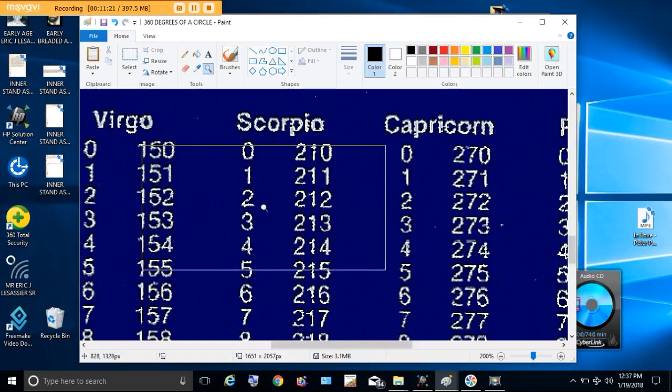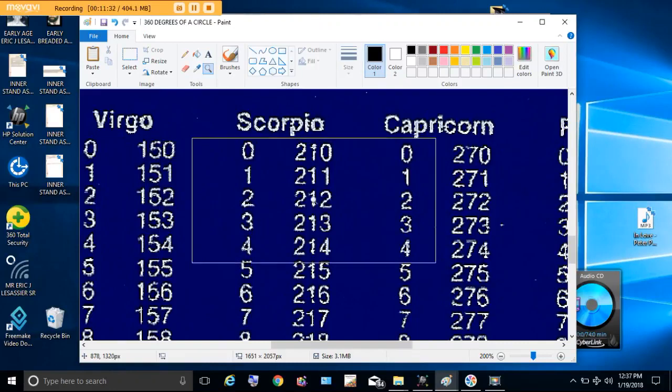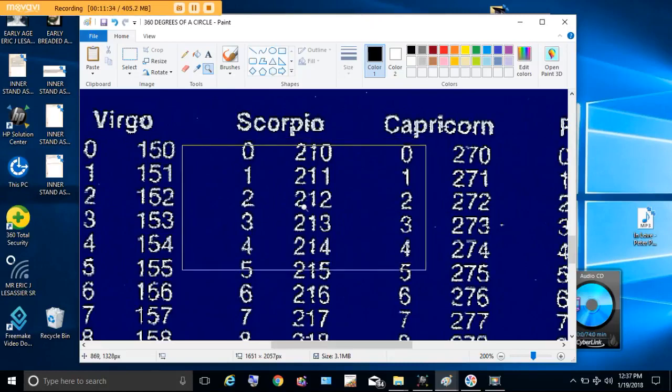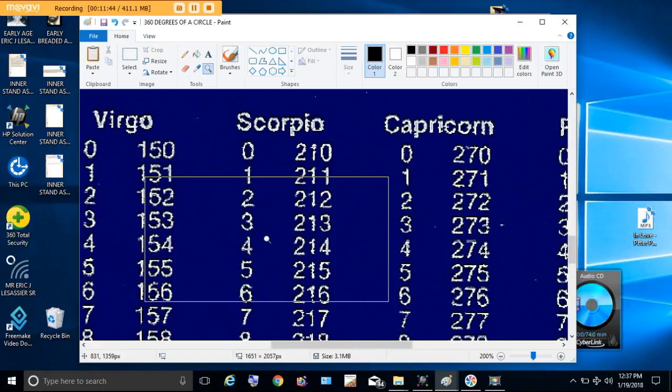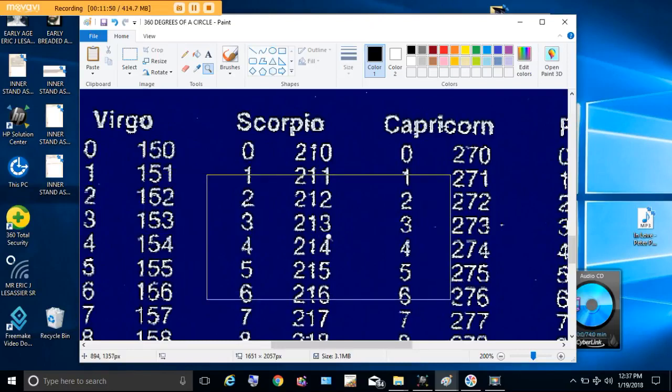The next day, let's say he or she is born on 2 degrees of Scorpio, then the value of that degree would be 212. That's 1 degree difference from the previous day, which is 211. The next day the sun enters the 3rd degree of Scorpio, that value is 213.